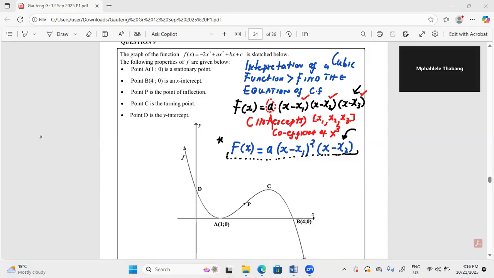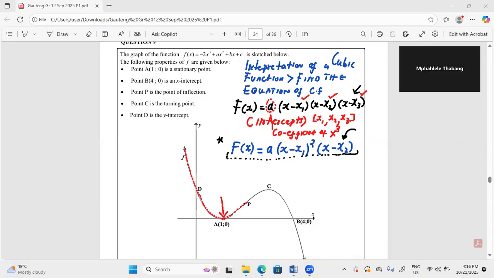Look at the graph of f. If you look at the graph of this f of x, the graph that we are interpreting, if you look at the point A, you see that the point A is the x-intercept of f. It is not only the x-intercept, it is also the turning point.